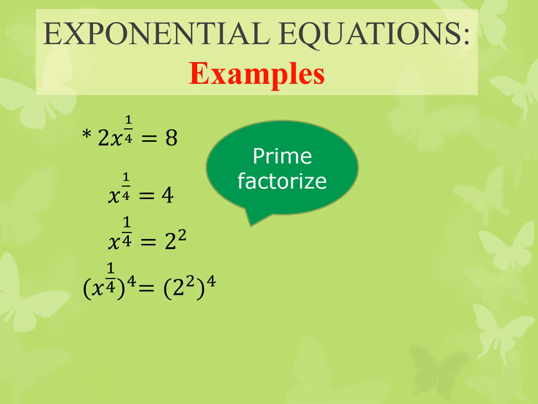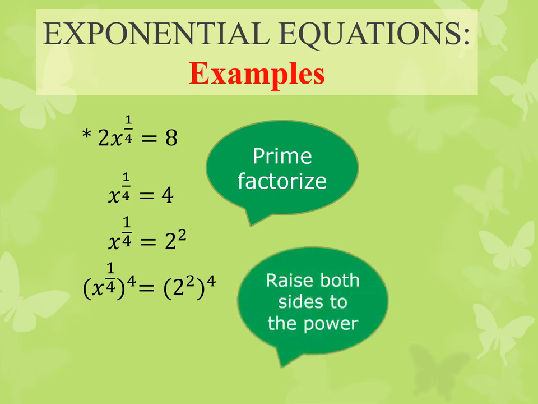And what you can do is raise both sides to the exponent of 4, just to get rid of the exponent 1 over 4 on the left hand side. That would then give you x is equal to 2 exponent 8, and that should give you x is equal to 256.